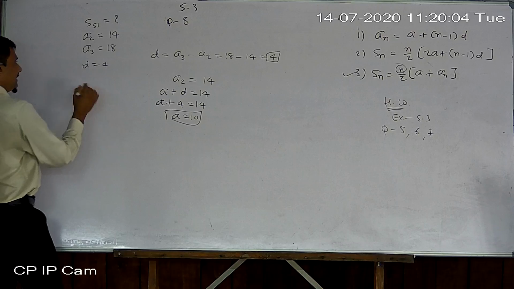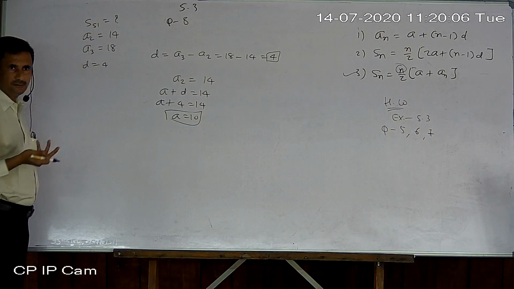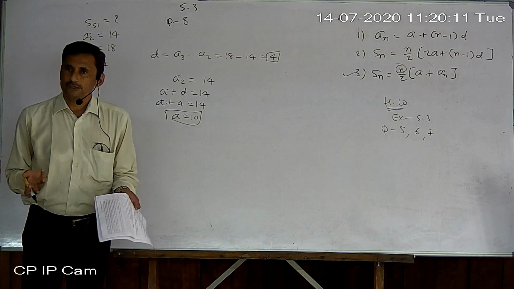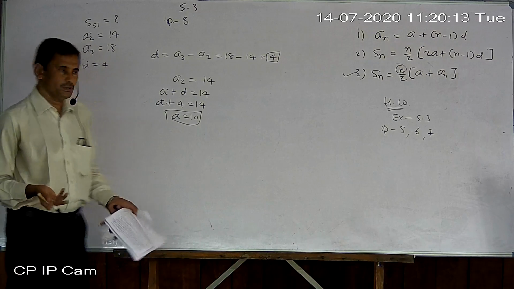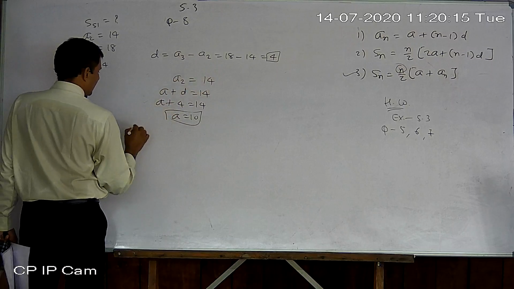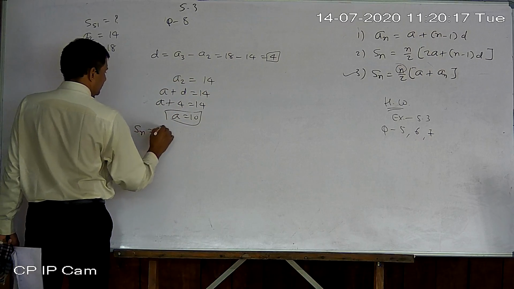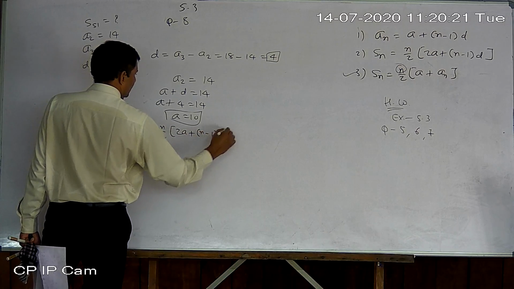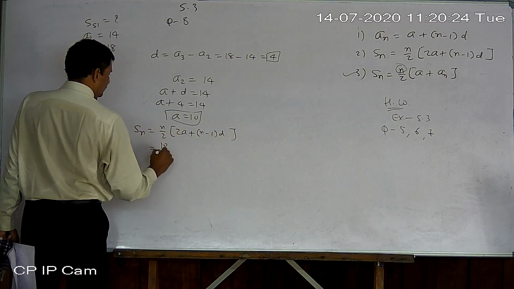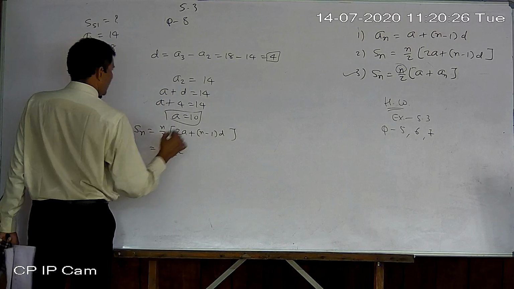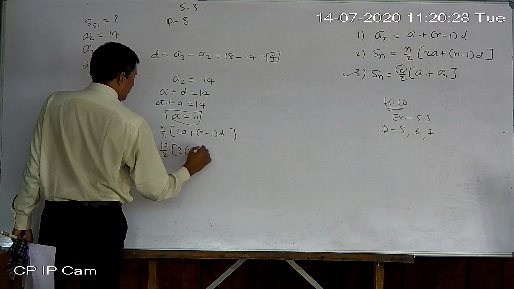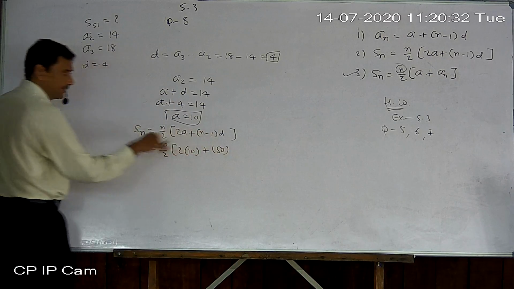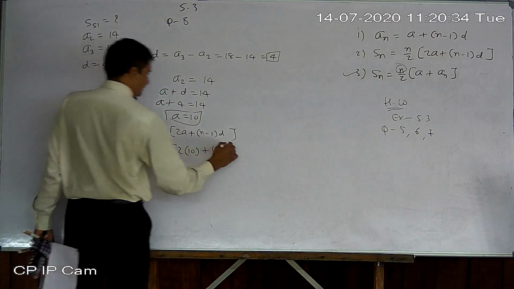Now after finding A and D, you can find Sn. If you have A and D both, and n also, then what else do you require? You have everything. Okay. So now you use the second one, Sn equal to n by 2 into (2a plus (n minus 1)d). So 51 by 2, 2a we found 10, n is 51, so I write here 50 directly after subtracting 1.